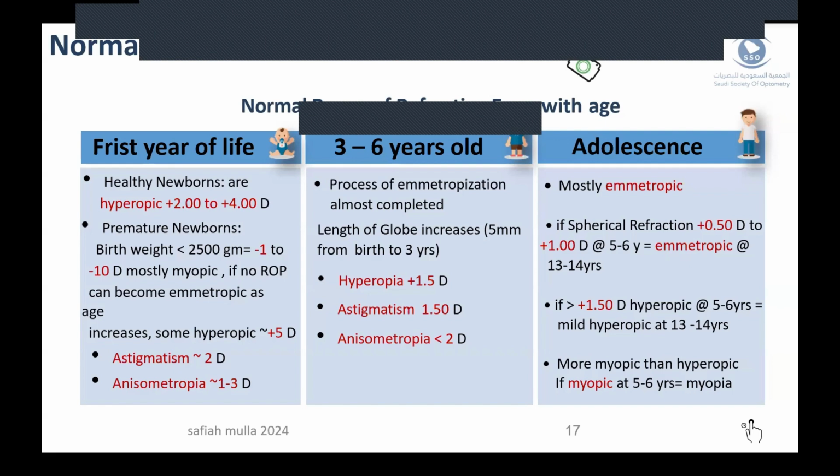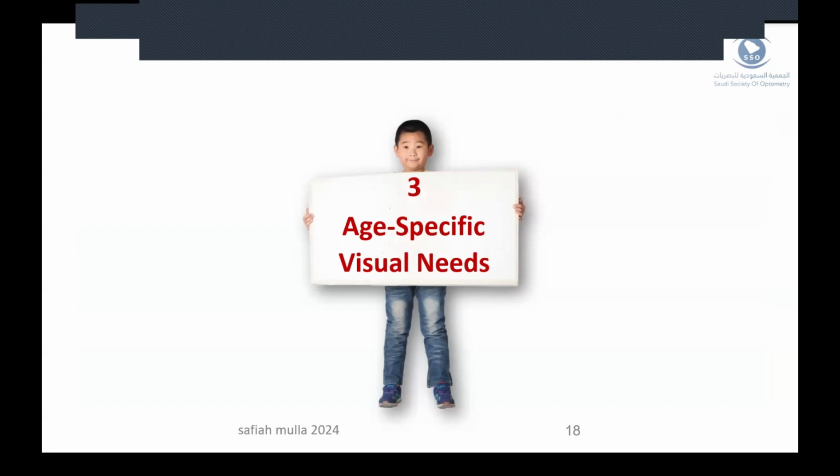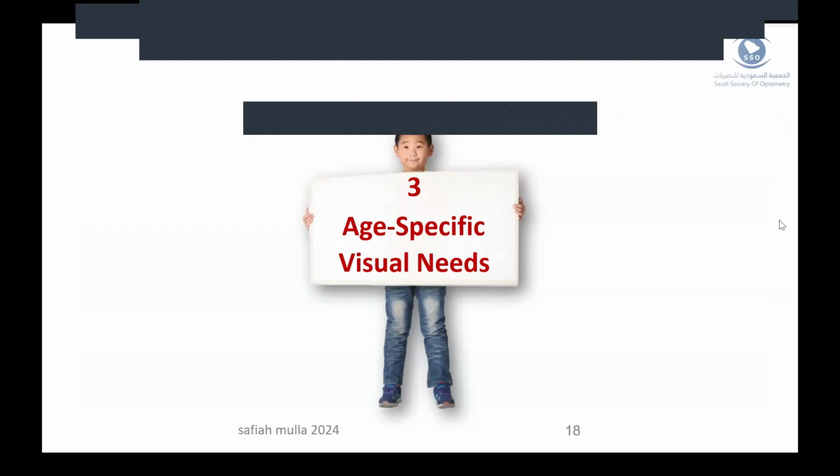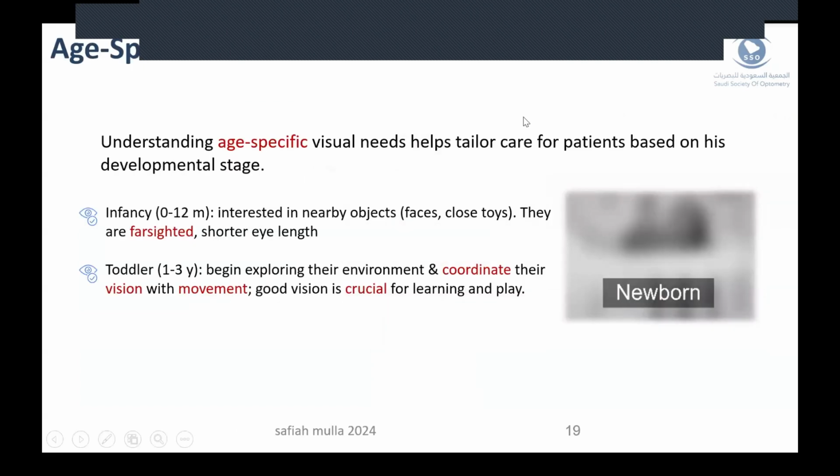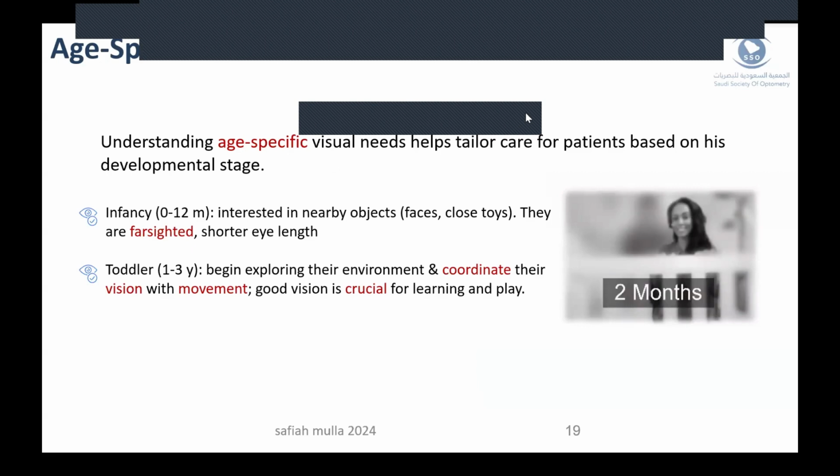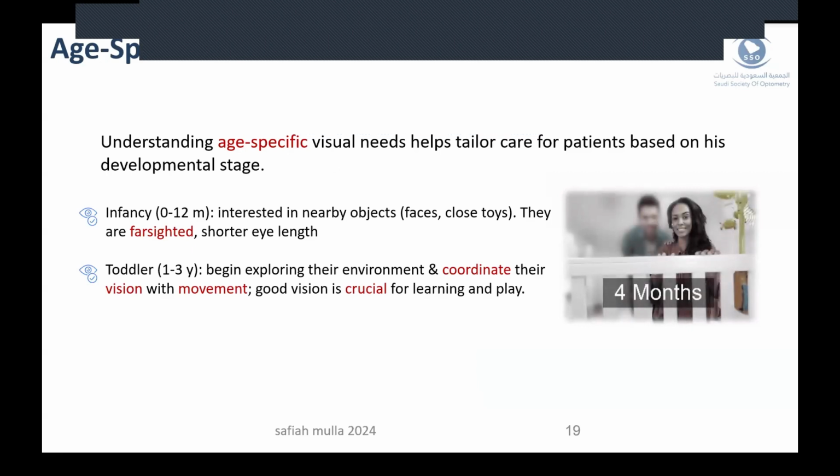We also need to know the age-specific visual needs for these kids. The child in school needs a different level of visual acuity than a baby. In infancy, they are interested in nearby objects, so they look at the face and close toys.